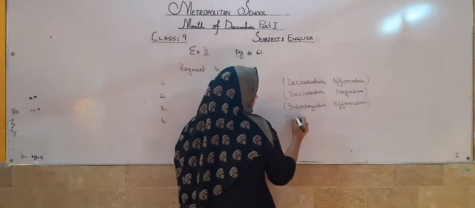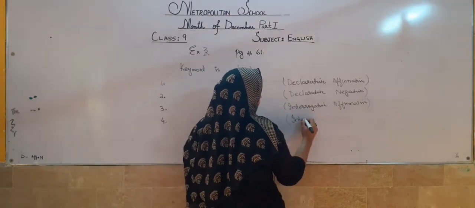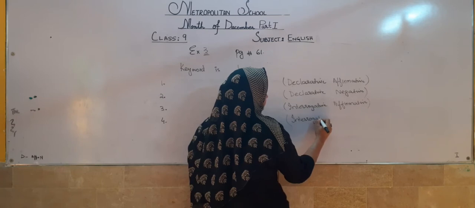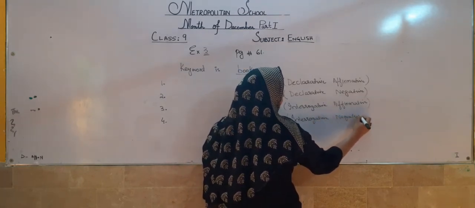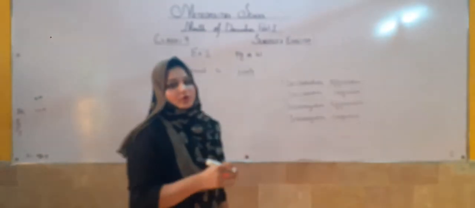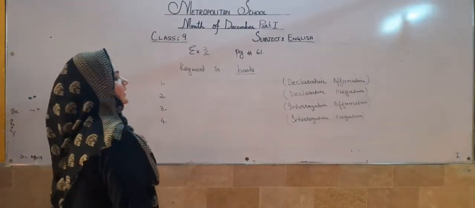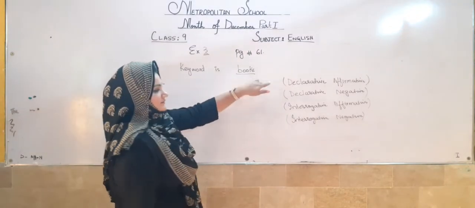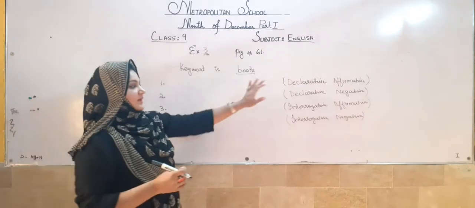Number 4, which is number 4? Yes. Interrogative, negative. So it will help you to make sentences in the right direction. That's why I have written all on the board. Now my keyword, as I have told you, is books. Okay? Fine. I am going to use this noun in each sentence.